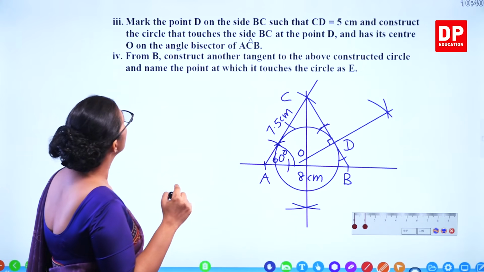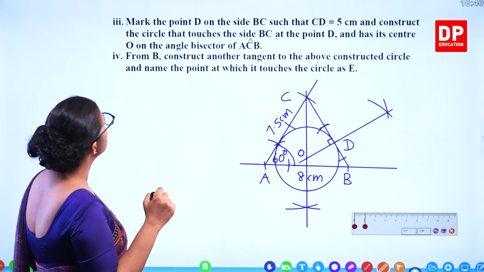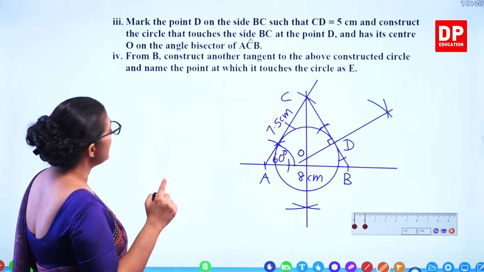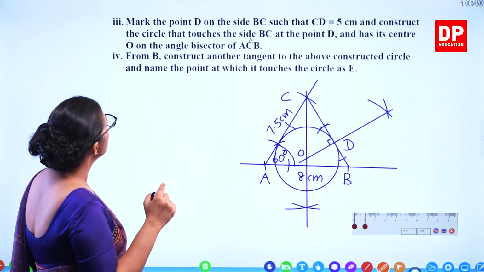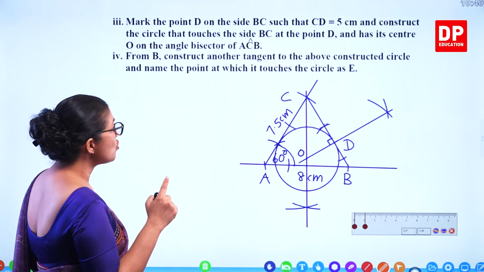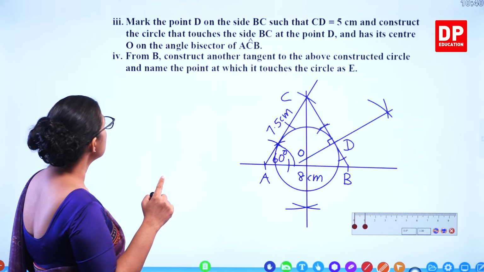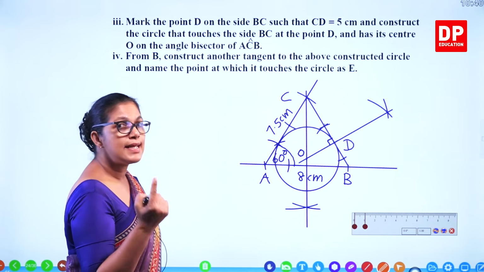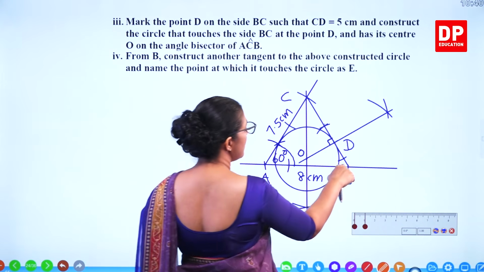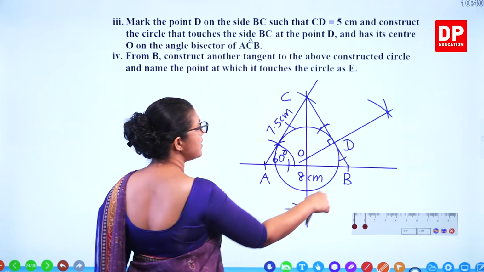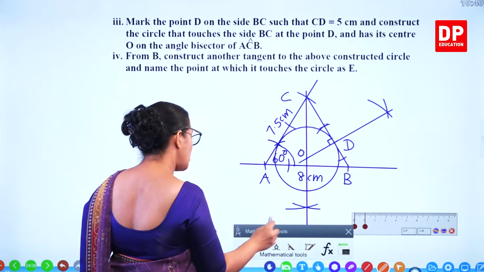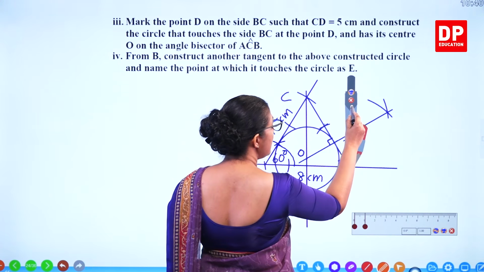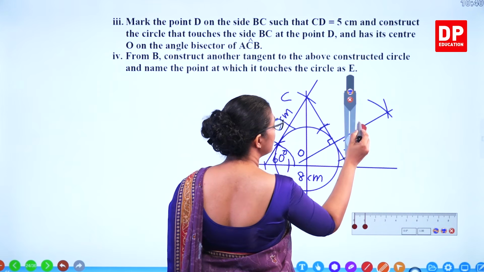And then it says from B, construct another tangent to the above constructed circle and name the point at which it touches the circle as E. So here we know this is one tangent line. What is the property you can use? You can use that the lengths of tangents are equal.